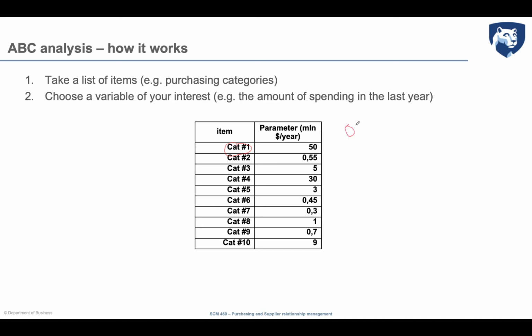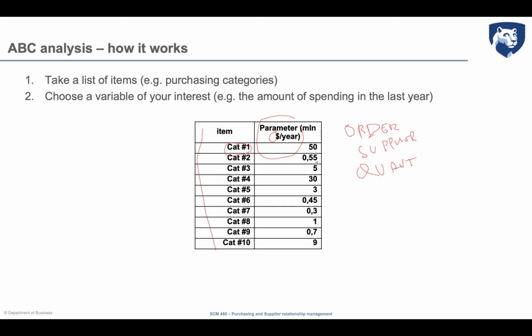It can be how many orders I have managed, or how many suppliers I had for each category, or how much quantity I had in stock. So, as we can have different items, we can also have different parameters. In this case, we are choosing category, and we are choosing one specific parameter, the amount of spending in dollars for the last year.